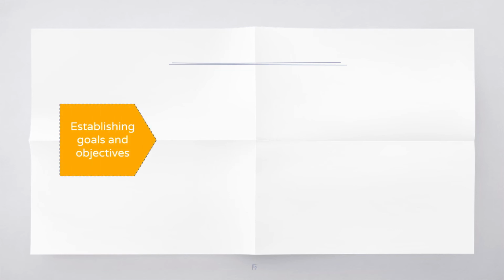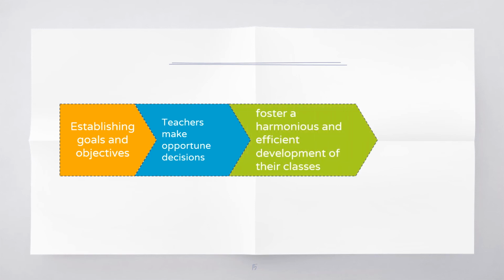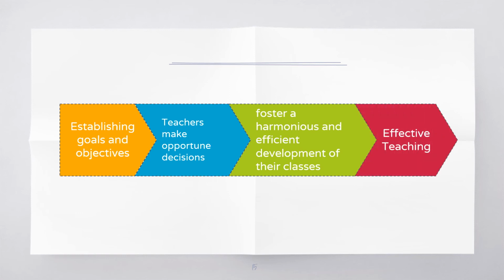Hence, establishing goals and objectives will provide a sense of direction and will help the teacher in the selection of the most appropriate materials for the course. These actions, in turn, will allow teachers to make opportune decisions that foster a harmonious and efficient development of their classes and the attainment of students' learning objectives, which will add up to effective teaching as well.